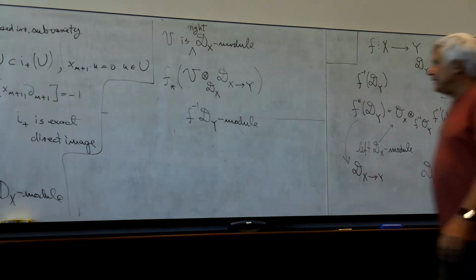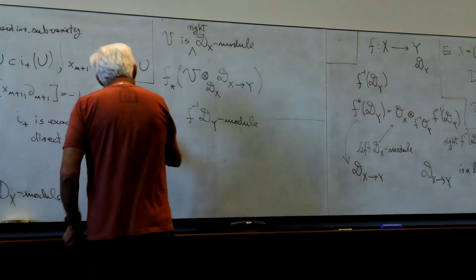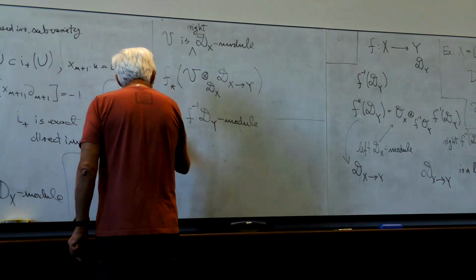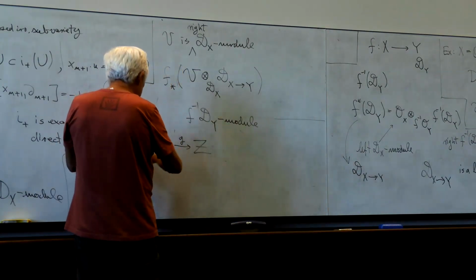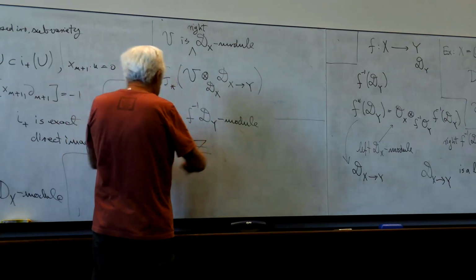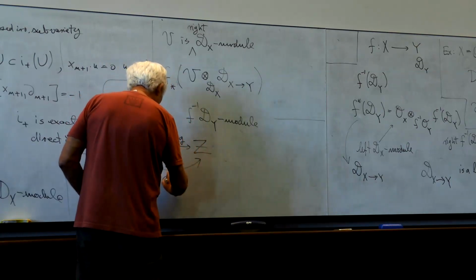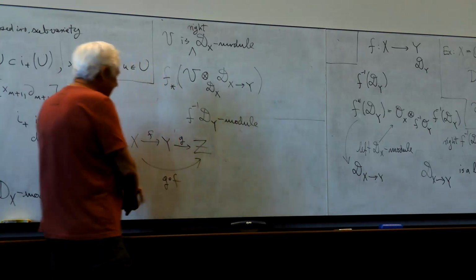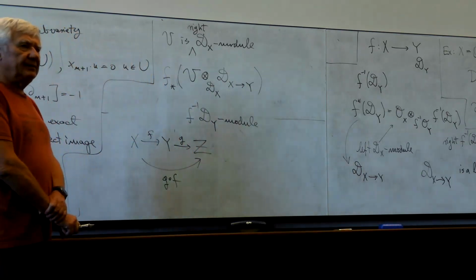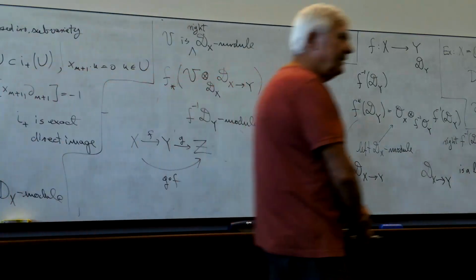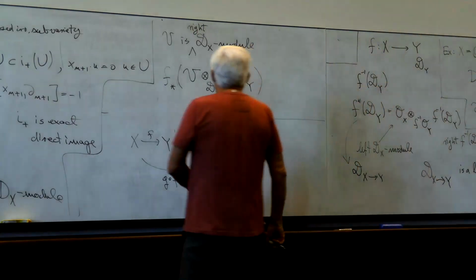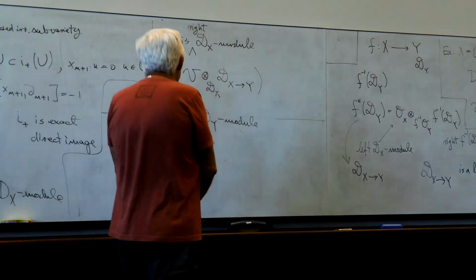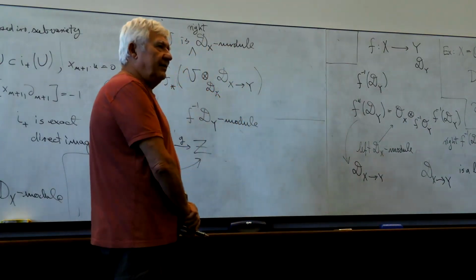The other thing is, if you apply this functor to the composition of F and G, you don't get the same result. So definitely this is wrong. The reason for this is the fact that this is left exact and this one is right exact.